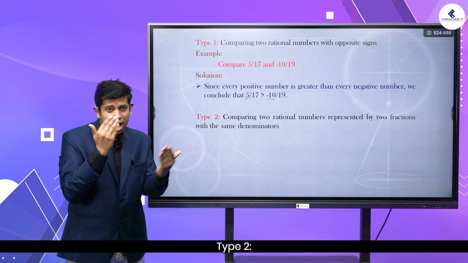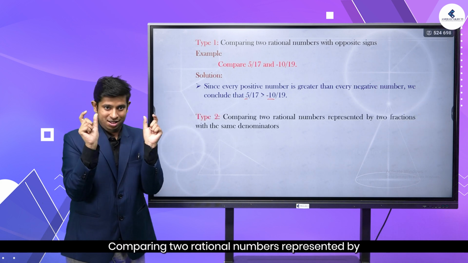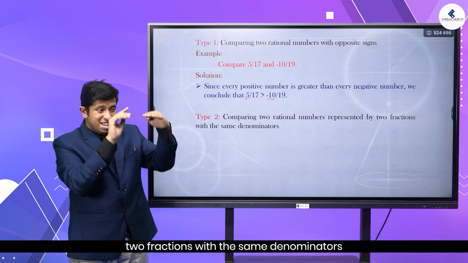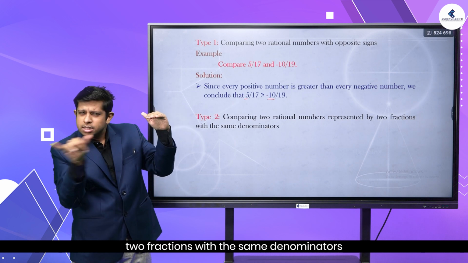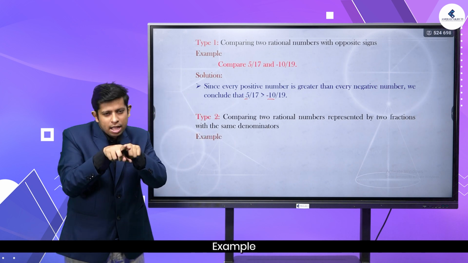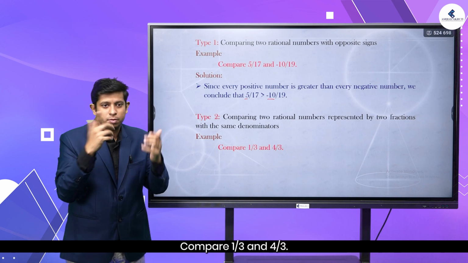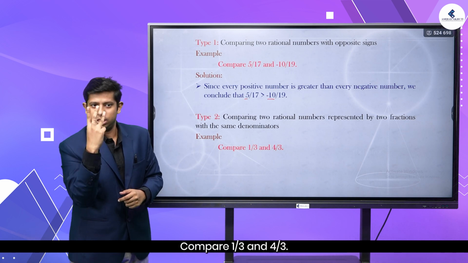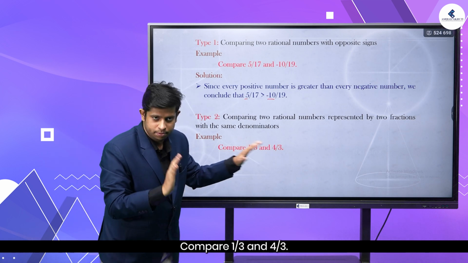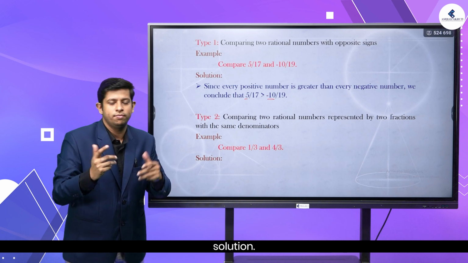Type 2. Comparing two rational numbers represented by two fractions with the same denominators. Example. Compare 1 by 3 and 4 by 3. Solution.